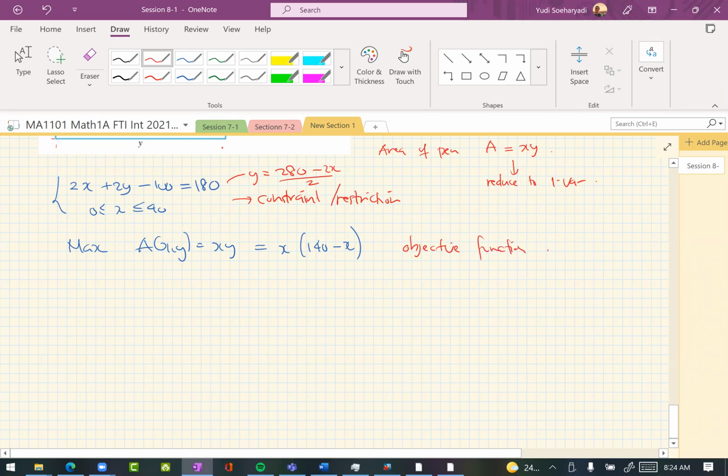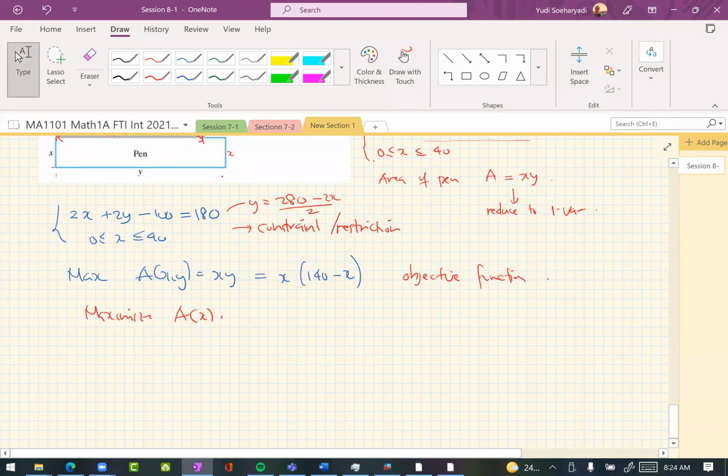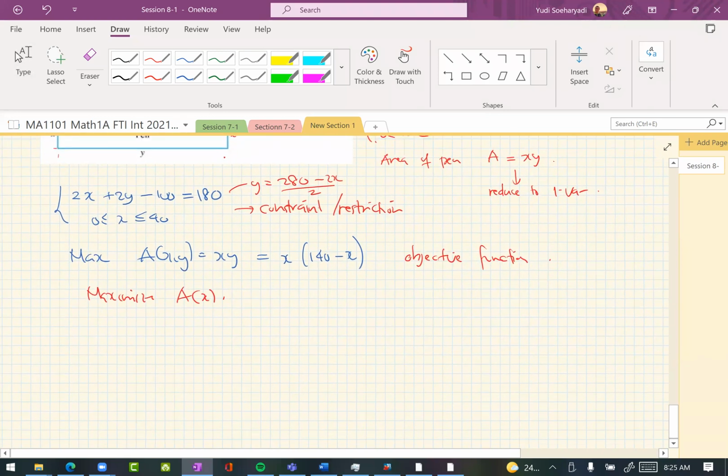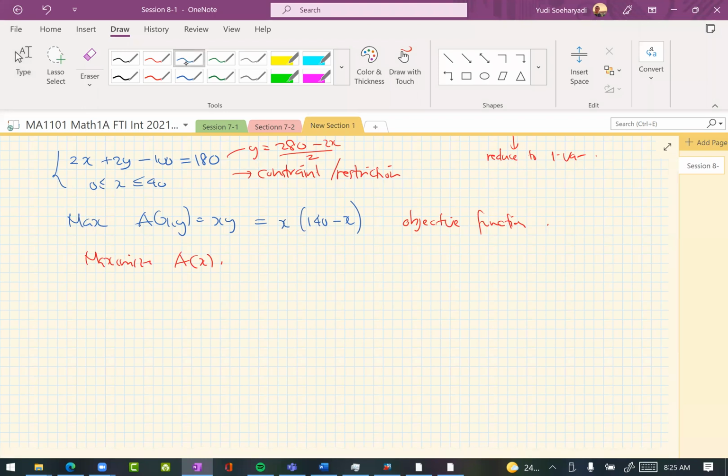Okay, so maximize AX. So once you get the formulations, then that would be easy to find, because what we need here is just to find the first derivative.